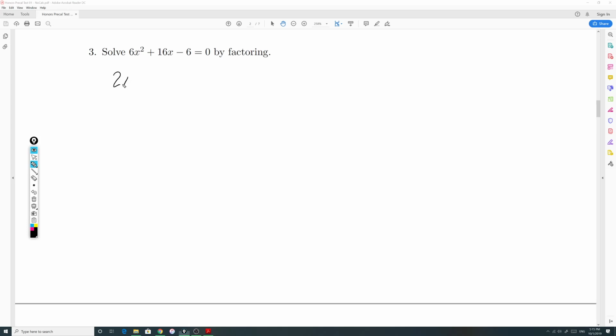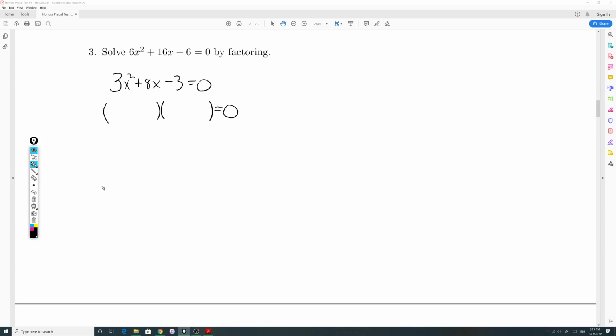When we divide by 2, we get 3x squared plus 8x minus 3 equals 0. So hopefully this factors.